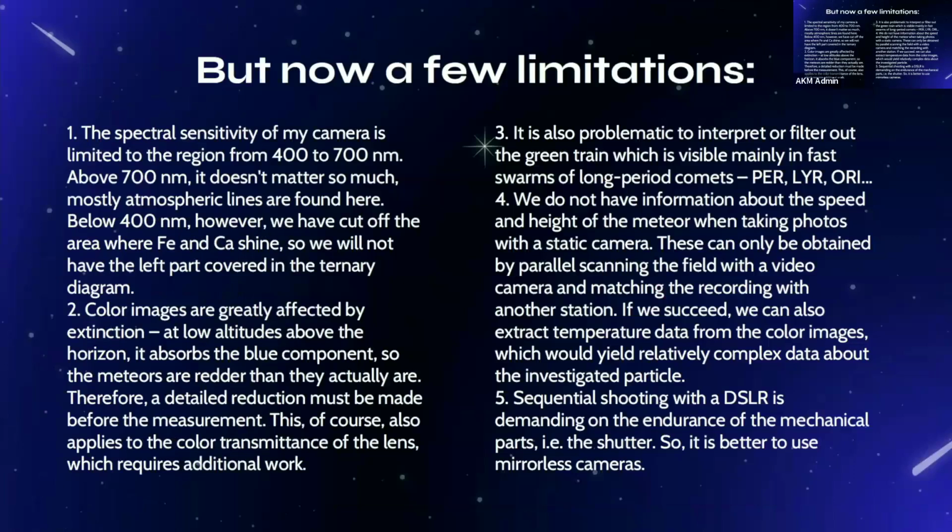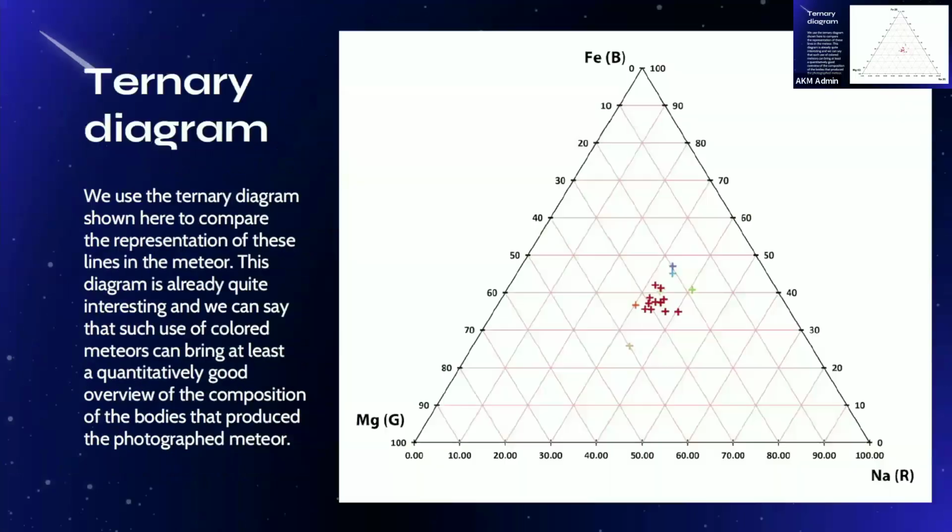But now a few limitations. The spectral sensitivity of the camera is limited to the region from 400 to 700 nanometers. Above 700 it doesn't matter so much because there are some atmospheric lines, but below 400 nanometers we have a cut of the area where iron and calcium shine, so we will not have the left part covered in the ternary diagram.